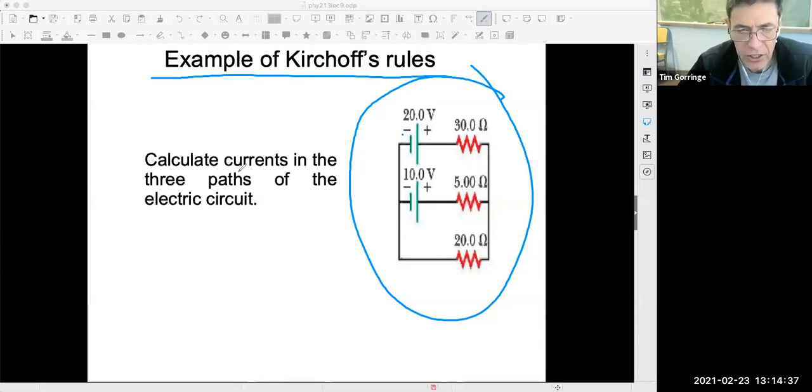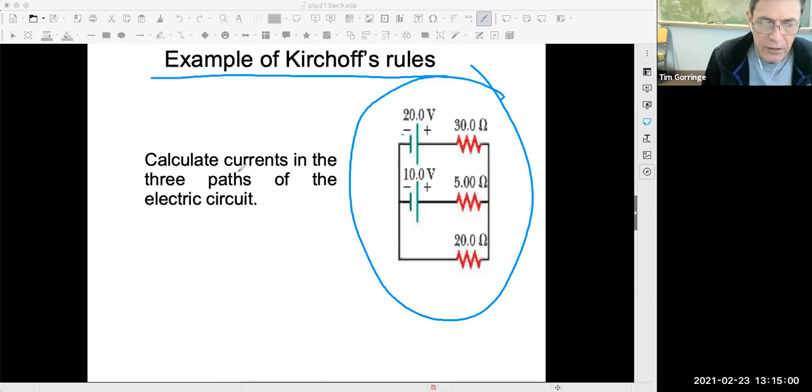There's a question in the chat about, with the loop rule, what direction do you go? Do you go clockwise or counterclockwise? You can go either direction. There's no rule about what direction you have to go. So you can go clockwise or you can go counterclockwise.